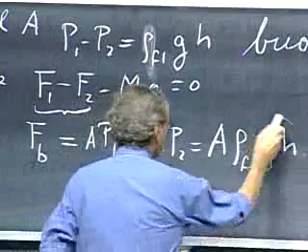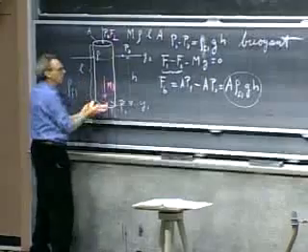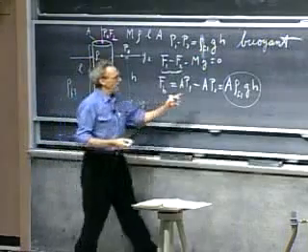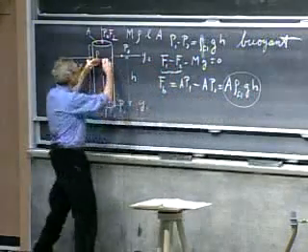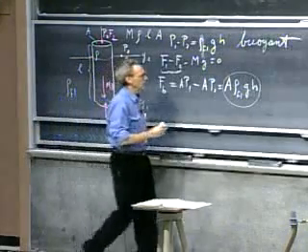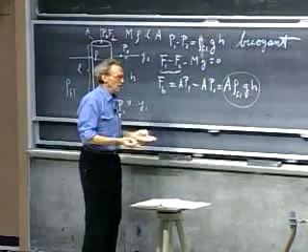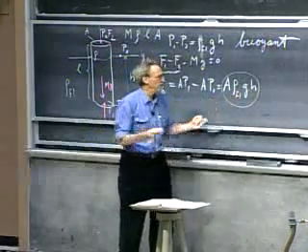And when you look at this, this is exactly the weight of the displaced fluid. The area times H is the volume of the fluid which is displaced by this cylinder, and you multiply it by its density, that gives it mass, multiplied by g, that gives it weight.